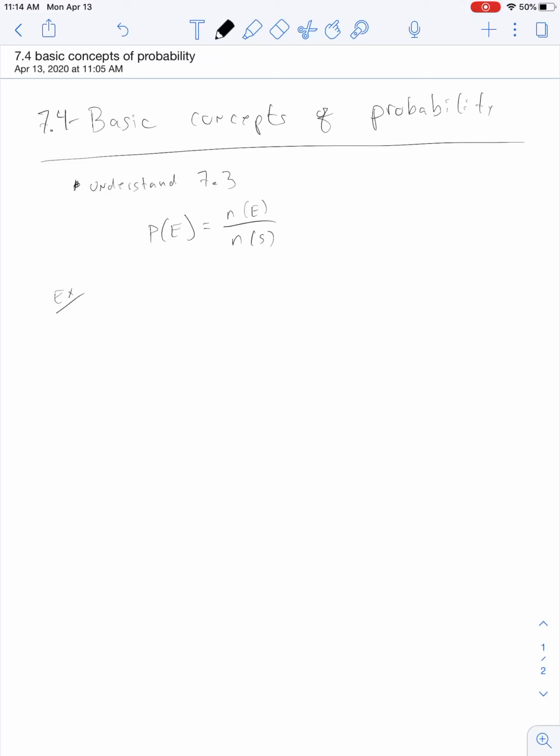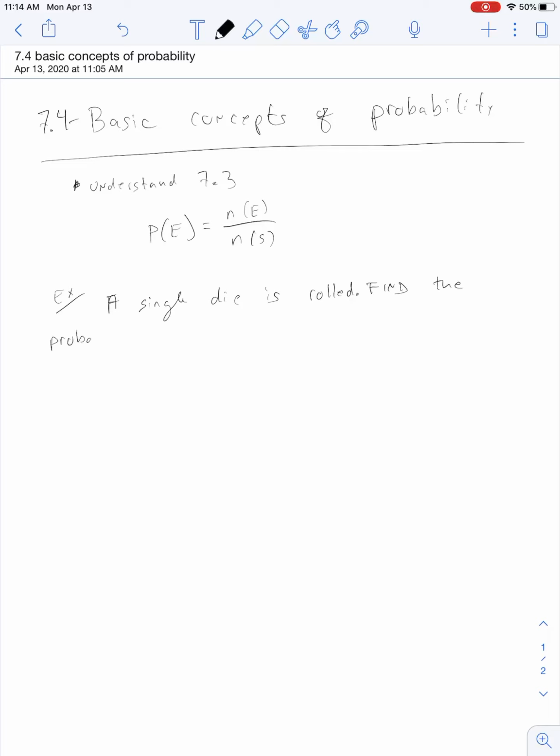So let's take a look at an example here. What if I said that I wanted to know the probability? Let's start off with saying that a single die is rolled.